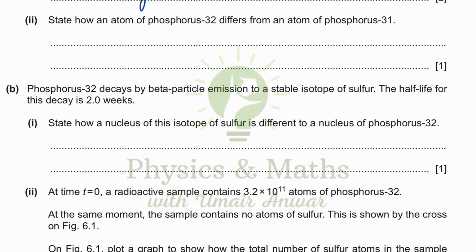of phosphorus 31. State how an atom of phosphorus 32 differs from an atom of phosphorus 31.